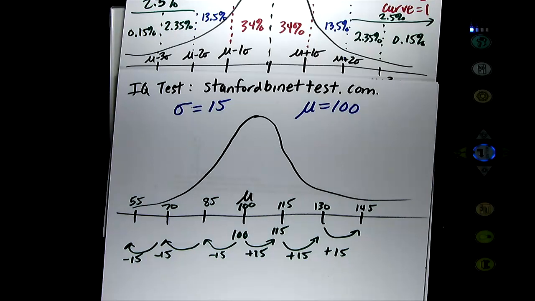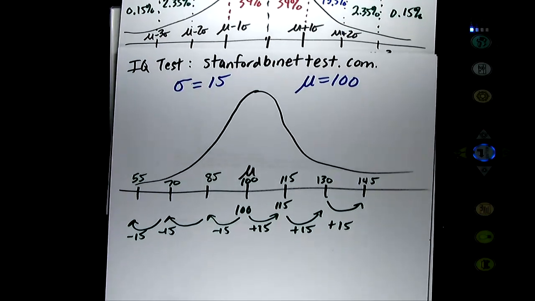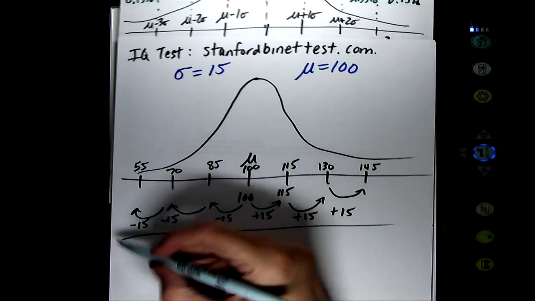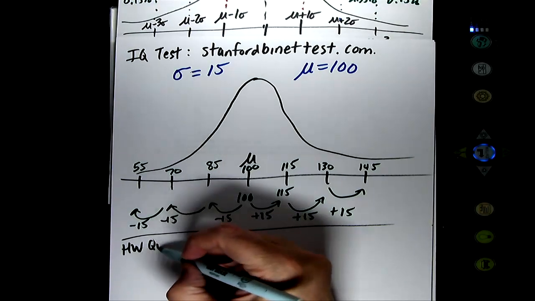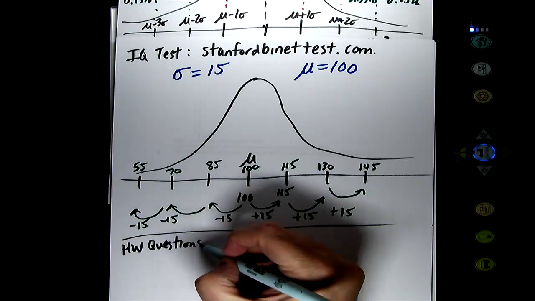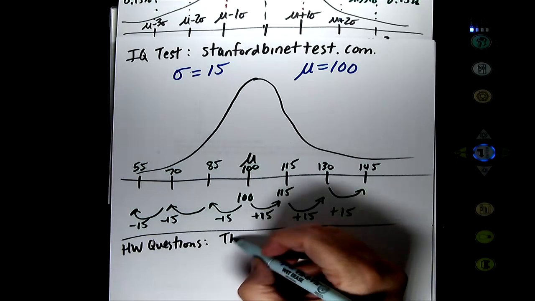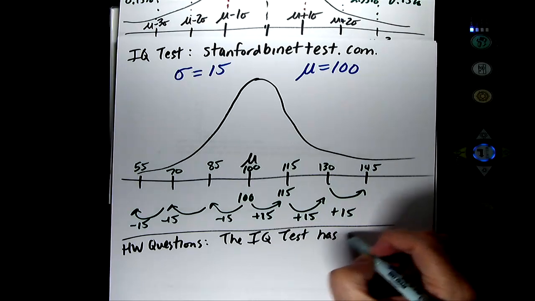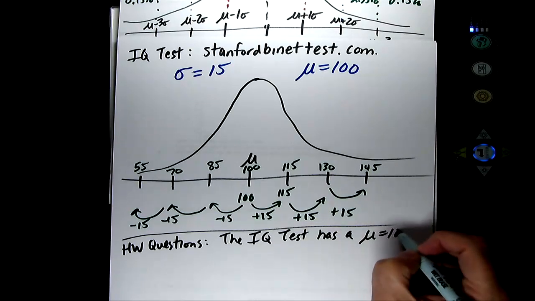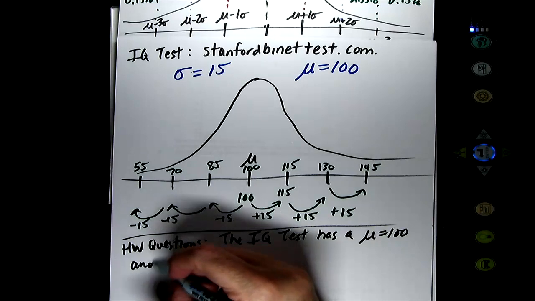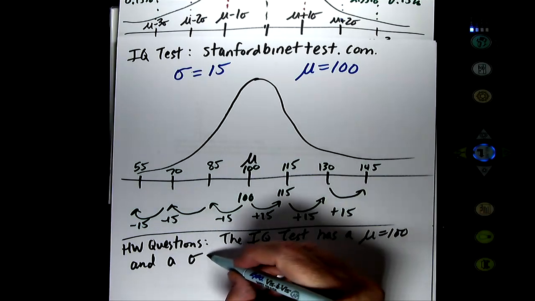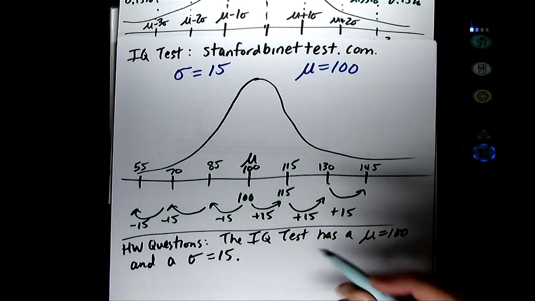So when you get a question like this on the homework, it'll be like: The IQ test has a mean of 100 and a standard deviation of 15.